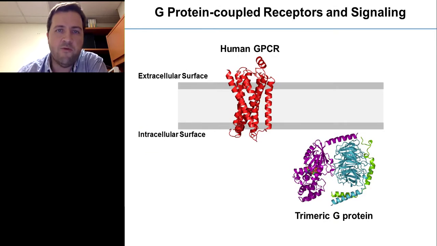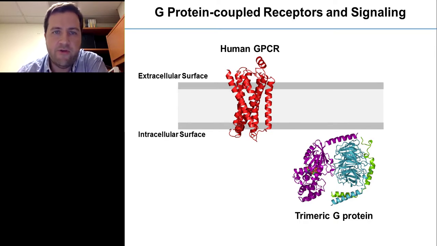So first, I'd like to provide an overview of GPCR structure and function, or G-protein-coupled receptors. On this slide, you see a cartoon of the cell surface in which the lipid bilayer is represented by these gray rectangles.